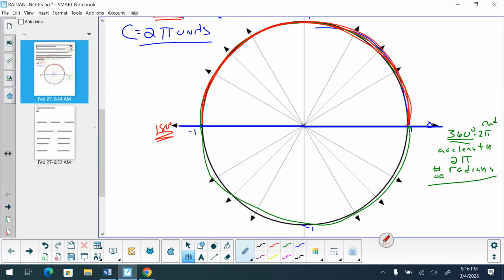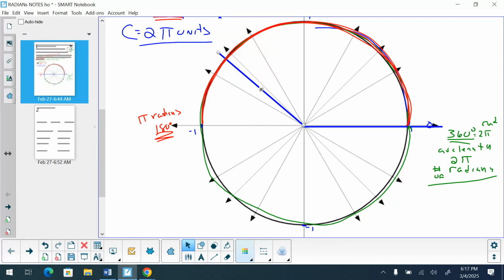Well, if we rotate the whole way around the circle, that was 360 degrees, that was 2 pi radians. So if we would just only go half of the circle here, how many radians would that be? Well, we could take our 2 pi and divide it by 2 because we're only doing half of the number of radians. So this is equal to pi radians. So if we have 180 degrees, we only go pi radians.